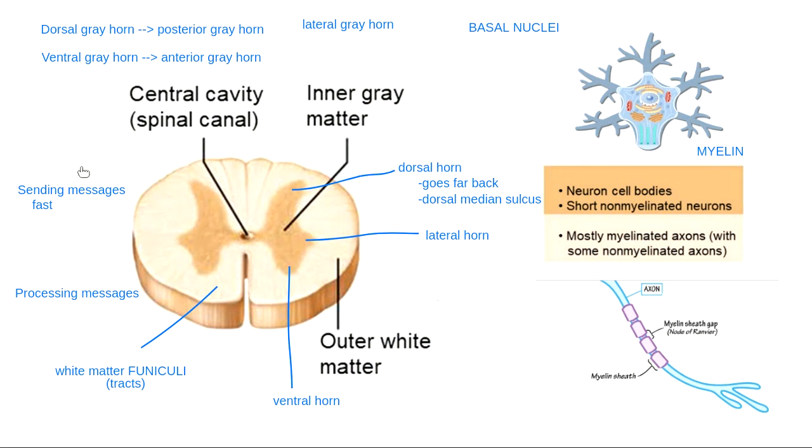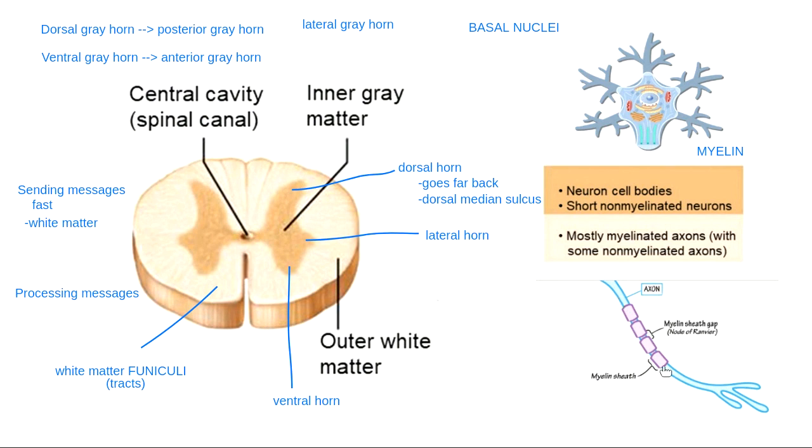Exactly. The white matter of the spinal cord is going to be what helps me to send messages. The white matter sends messages really quickly. Remember when we talked about myelin back in lesson number 10, it covers up the axons of neurons, the part of a neuron that sends a message. So when I have a lot of myelin, I can send messages really quickly.